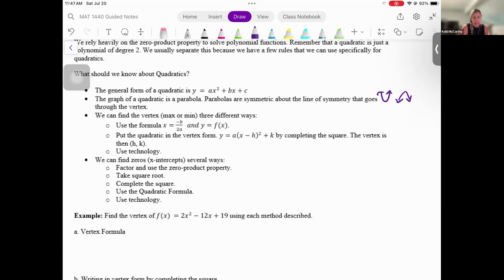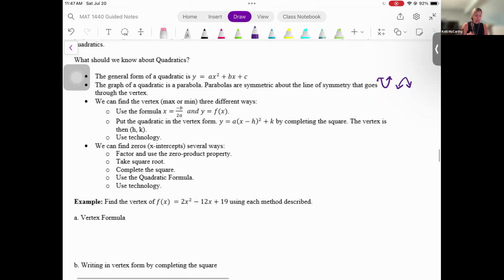We can find the vertex, which is the maximum or the minimum, depending on the orientation of the graph, three different ways. We have a formula for the vertex where the x-coordinate is negative b over 2a, and then the y-coordinate is where you just plug that value of x into the function. And that b and a come from the coefficients from that general form.